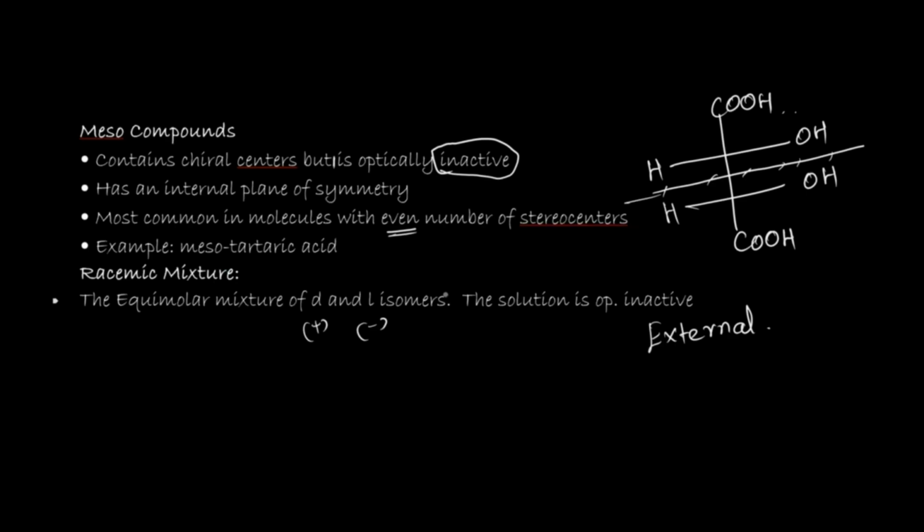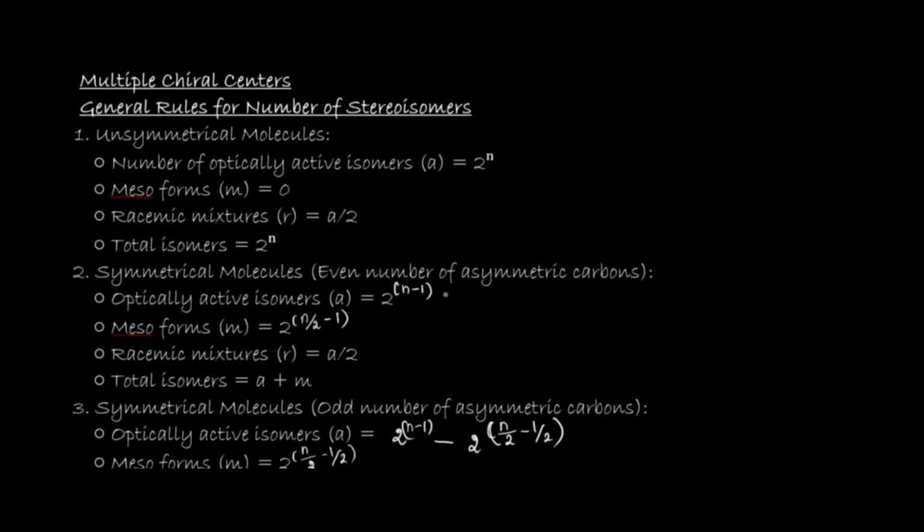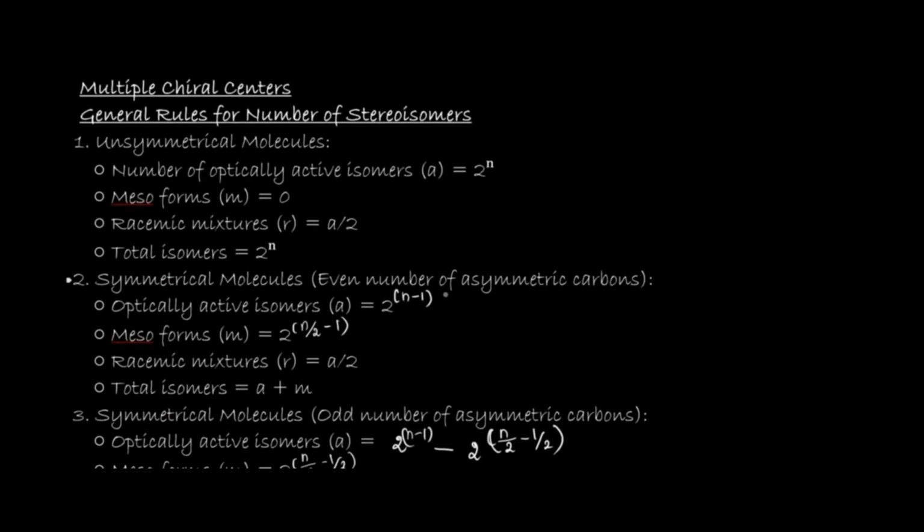Racemic mixtures are optically inactive because of external compensation. Meso compounds are optically inactive because of internal compensation. Clear?